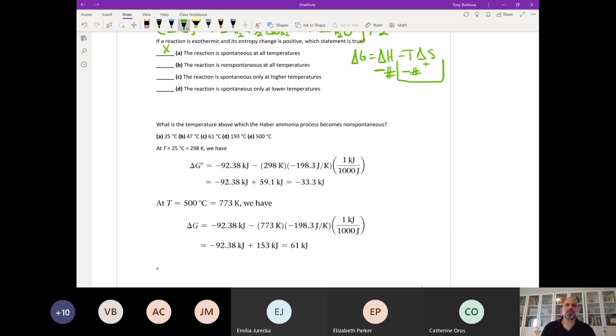So it doesn't make a difference what temperature you place into this point, you're always going to have an overall negative number for delta G. Because you have a negative plus a negative, making a negative no matter what temperature you're at.